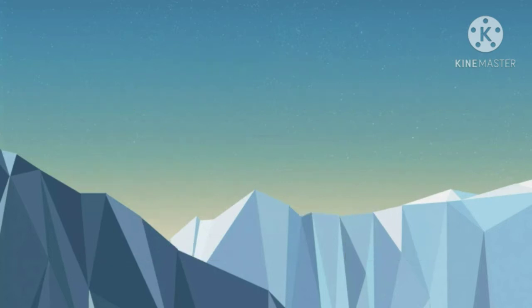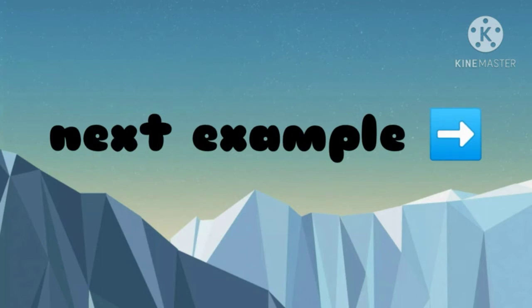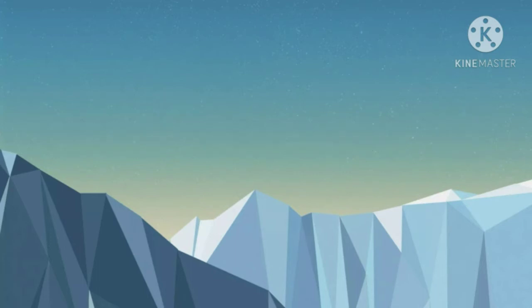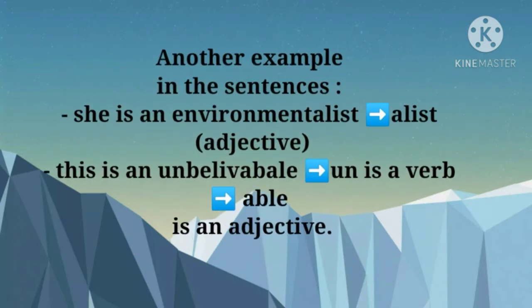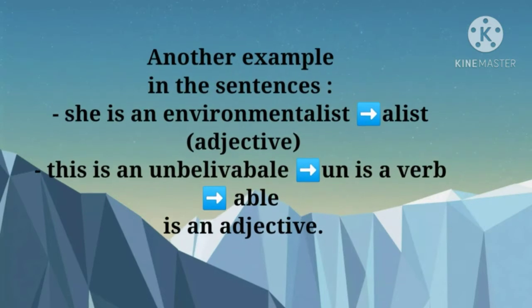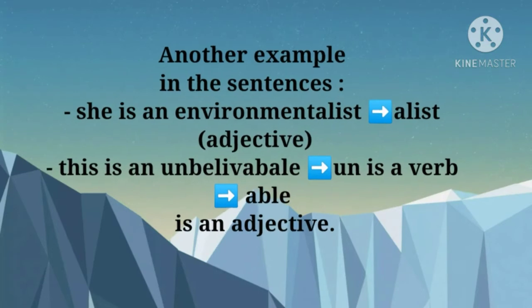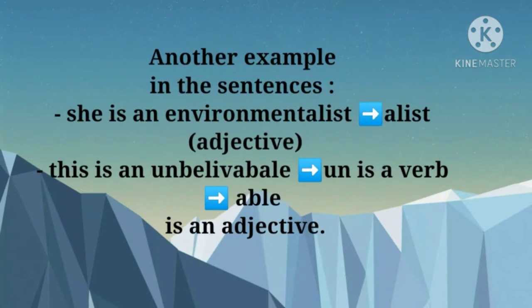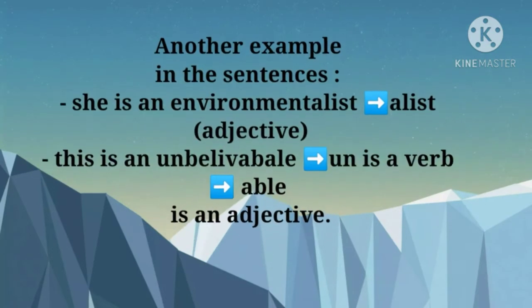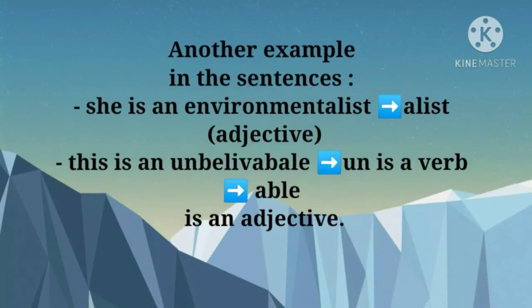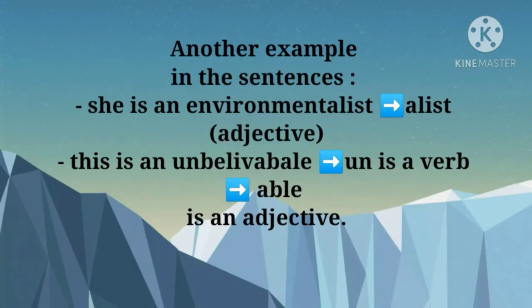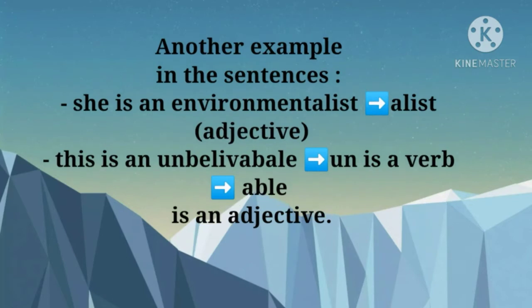Okay, let's take a look at a few other examples. Now we discuss with the same sentences for easier understanding. First is, she is an environmentalist. The word class here is adjective derivation because I add the suffix alist at the end of the word. Environmentalist is from the word environment. For the second is, this is unbelievable.